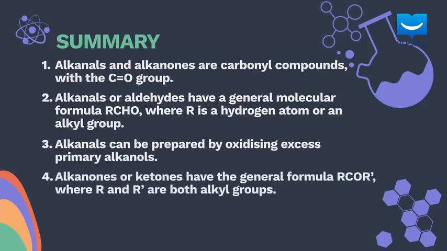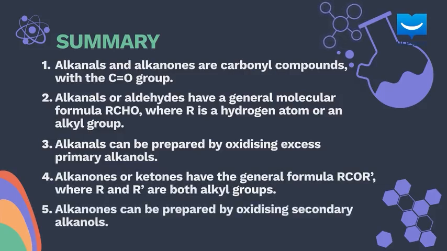Alkanones or ketones have the general formula RCOR', where R and R' are both alkyl groups. Alkanones can be prepared by oxidizing secondary alkanols. There's still much to learn about alkanals and alkanones. Scurry along.